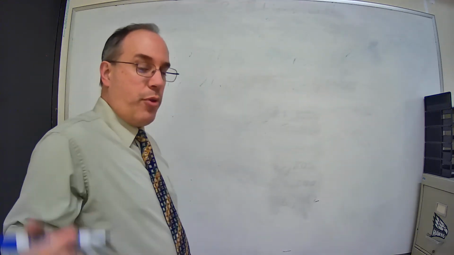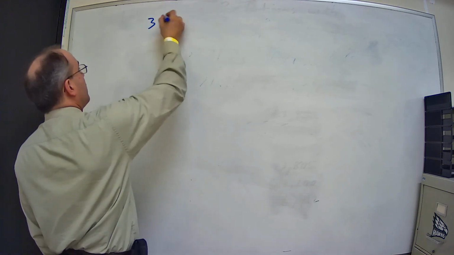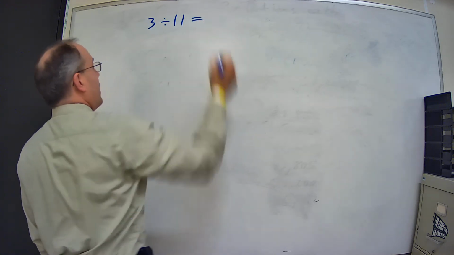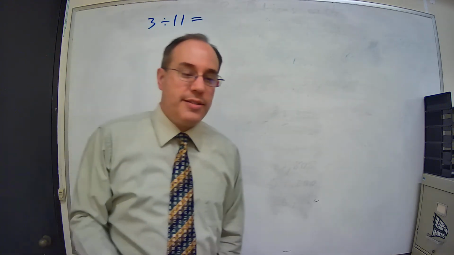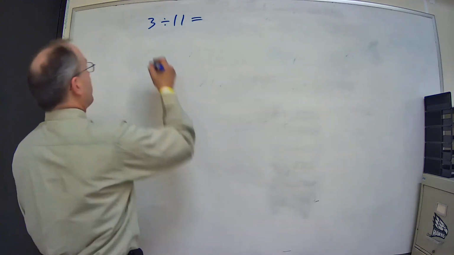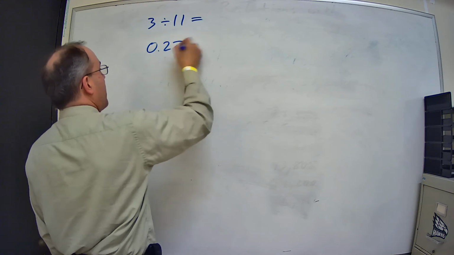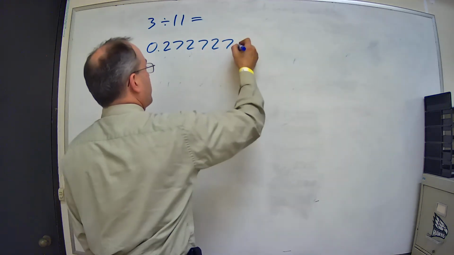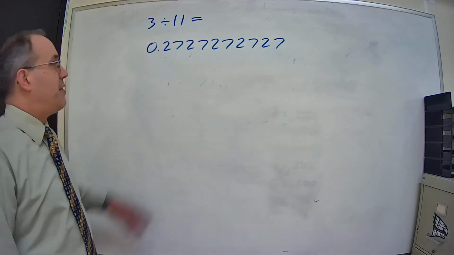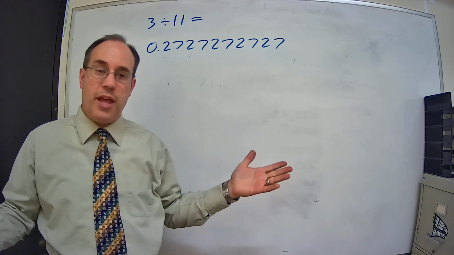A good example is, what if I take 3 divided by 11, and I plug that into my calculator? Depending on your calculator, you could get one of the following results: 0.2727272727, and then it just stops there because it runs out of decimal places that it can display.